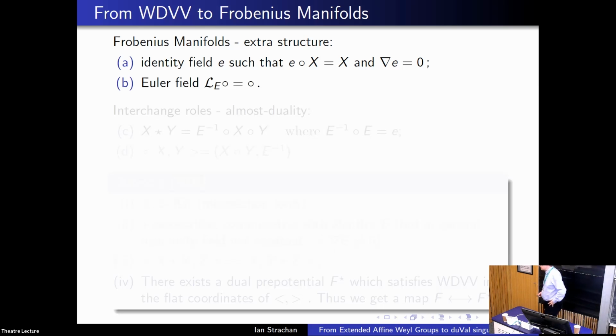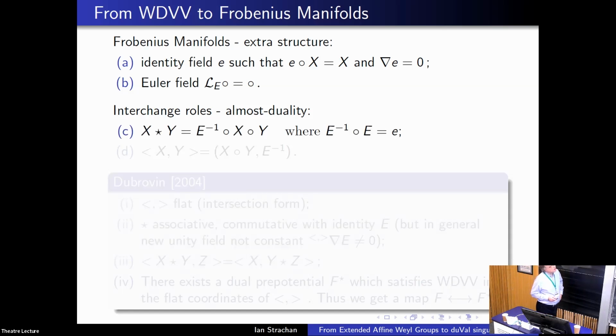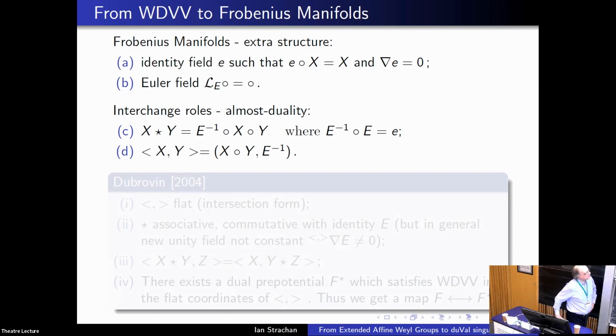In the early 2000s, Boris Dubrovin introduced the notion of almost duality. From your old multiplication, you can construct a new multiplication, which I denote star. And from the old metric with round brackets, you can construct a new metric with angled brackets. You then start to relate the properties of those two new objects to the old objects you start with.